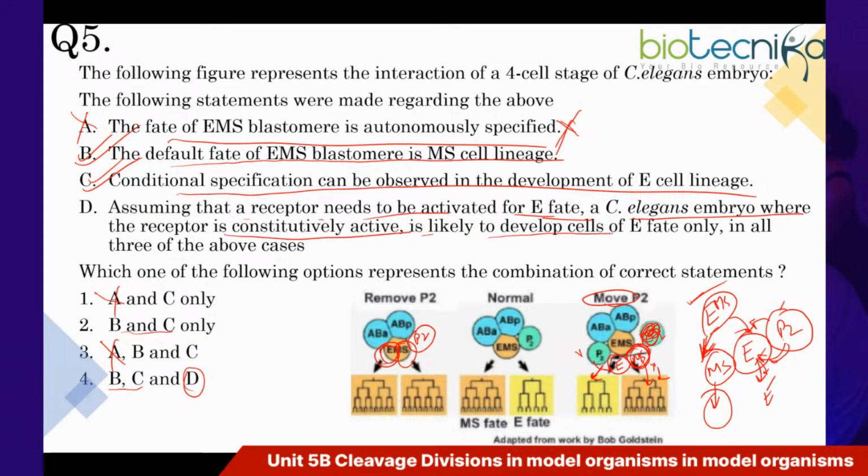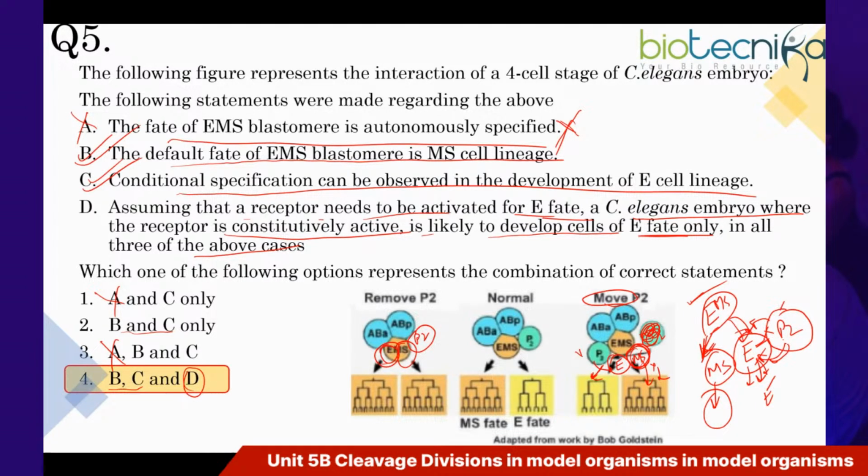It is likely to develop cells of endoderm fate only in all three of the above cases. That's right, because if the receptor is active, you don't need signal. Automatically that is going to form endoderm, because that receptor is activated even without signal.